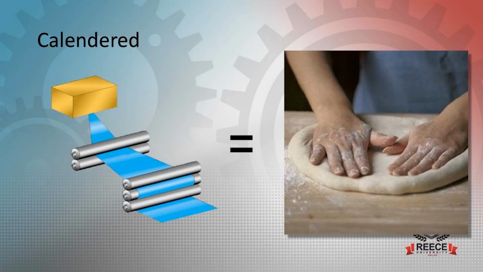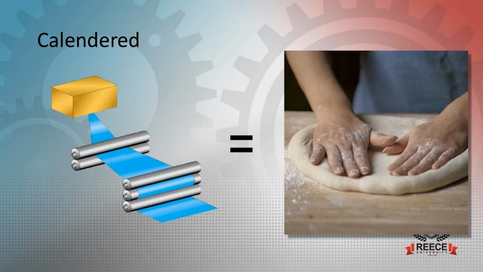It goes through a series of rollers, and that's how it's flattened to the size that we make it. Because it's not baked, and it starts out as a solid and is just flattened, it will shrink back over time. So it's really more of a shorter term film.